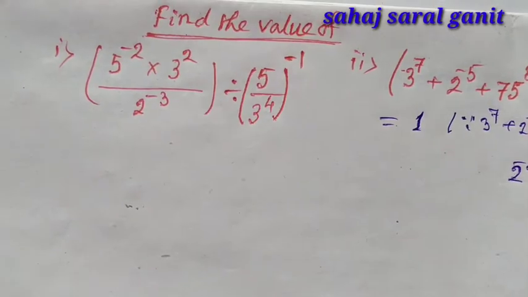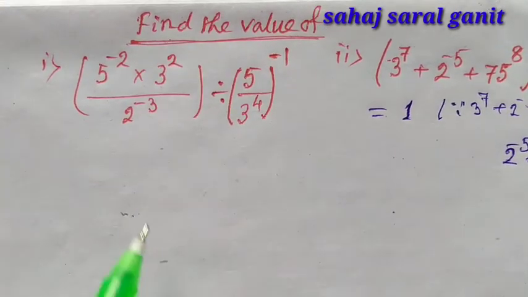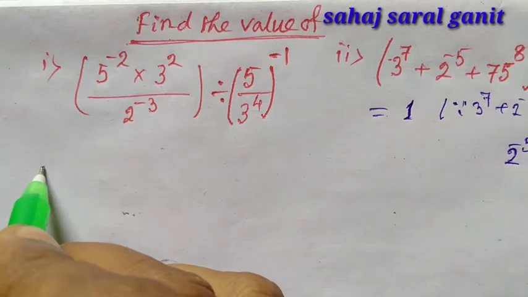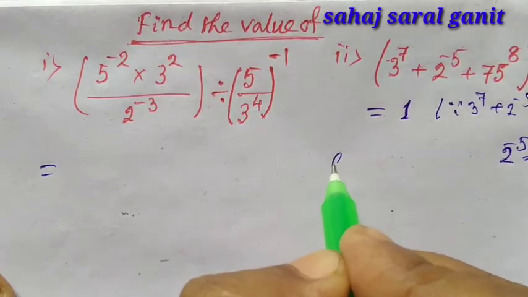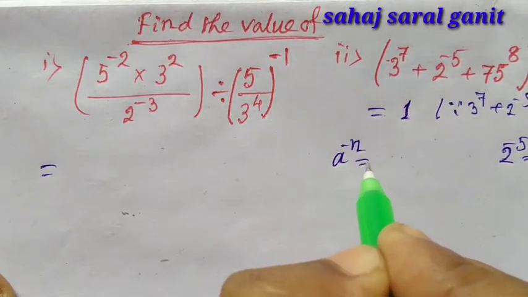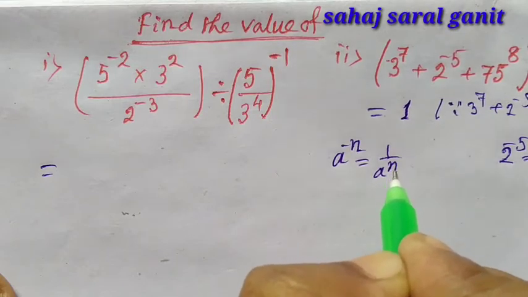Now in the other problem we have to solve this. We know a to the power minus n is equal to 1 by a to the power n.